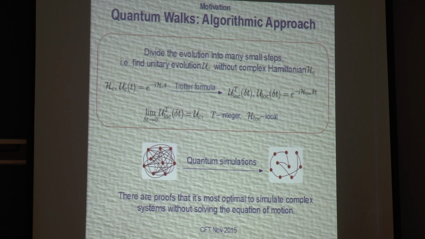This is the key idea behind simulations, in particular quantum simulations. And there are mathematical proofs that this kind of approach is most optimal. Thus, that simulation of complex systems, dynamics is more optimal than solving equations of motions. This approach is more optimal than solving equations.